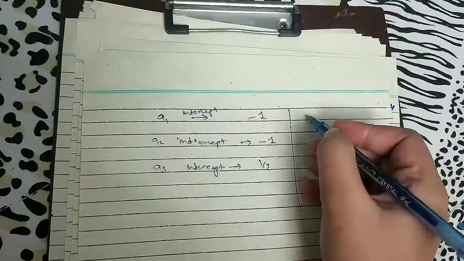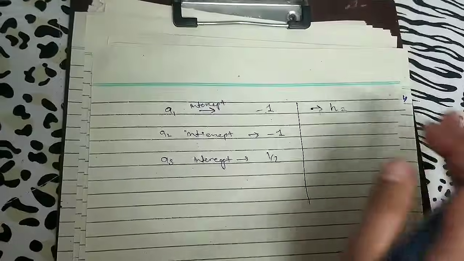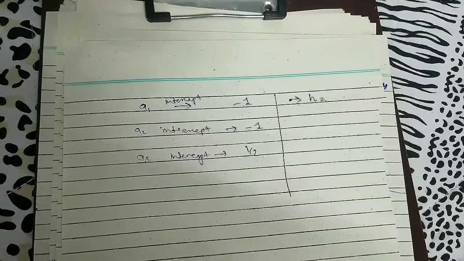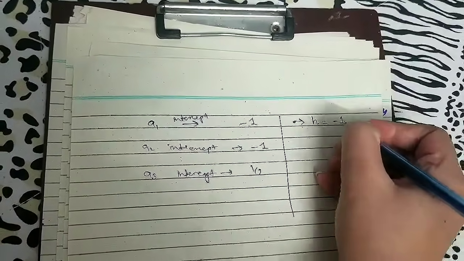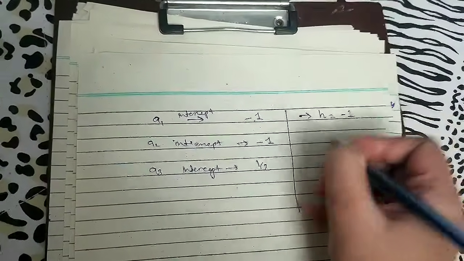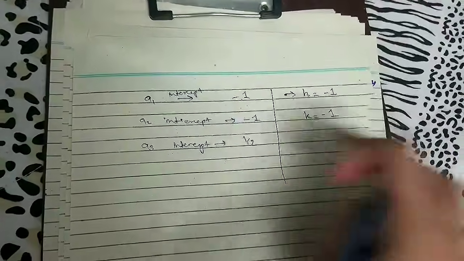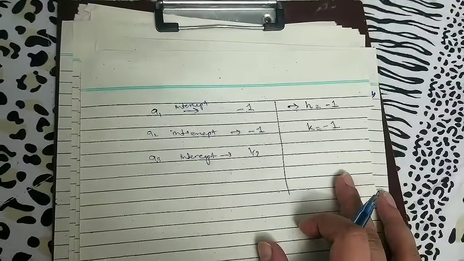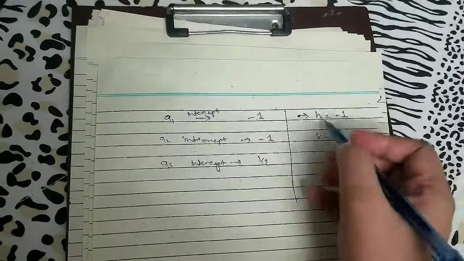For this, you need to find the value of h, and h will be equal to the inverse of -1, because we take the inverse of the intercept. The inverse of -1 is again -1, and there is no fraction involved, that is why -1 is the final index. Similarly, because there is no fraction involved when we take the inverse of both of these quantities, taking the inverse gives us the final Miller indices for h and k.